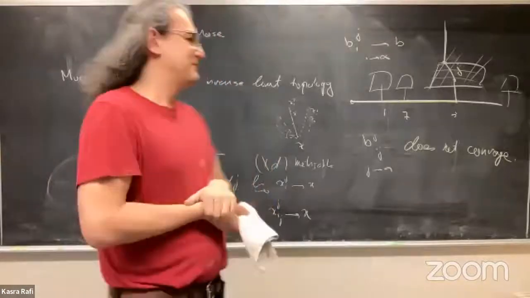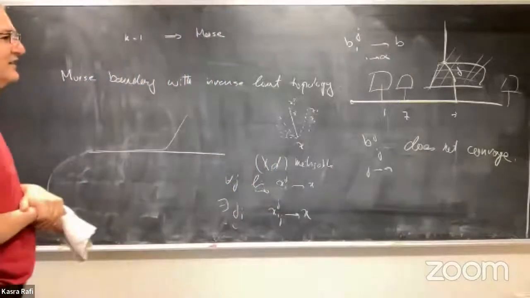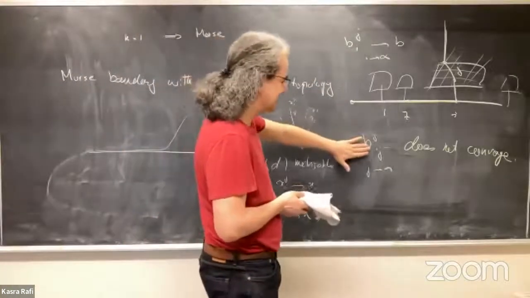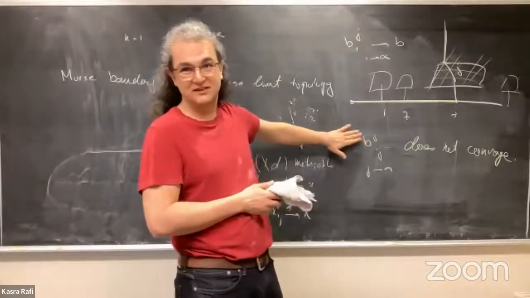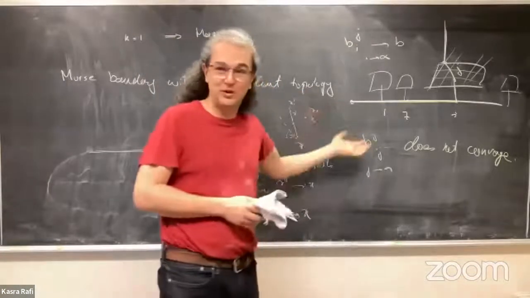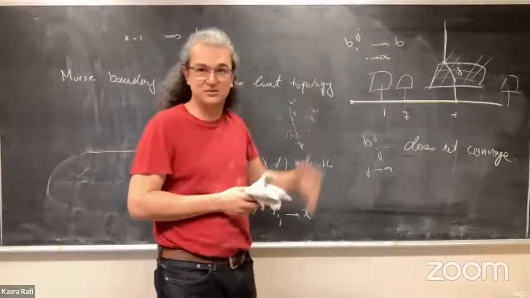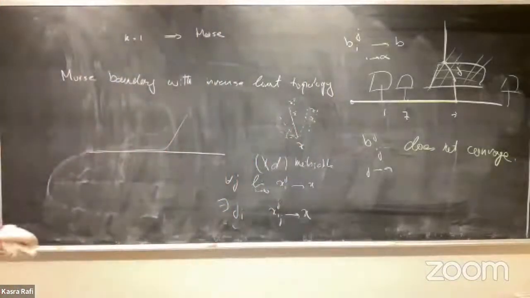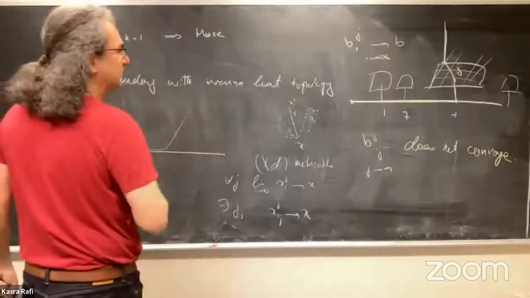So in our topology, we would like this sequence to converge. Just because the Morse gauges of these are blowing up at a later time, I don't want to create open sets separating those from my original.